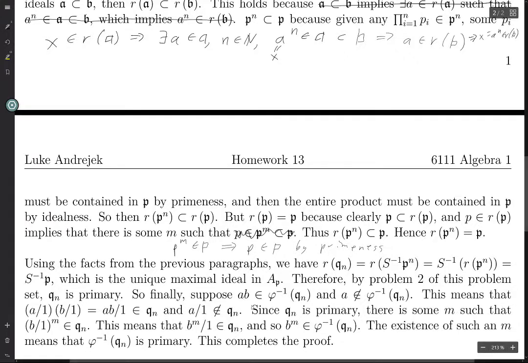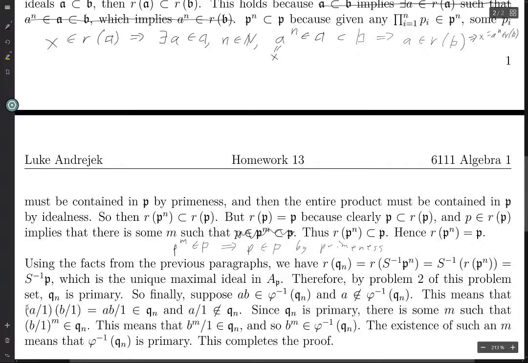That means that the image of AB is in Qn, but the image of AB is just AB over 1, which we can write as A over 1 times B over 1. This is in Qn. And A not being in phi inverse Qn means that A over 1 is not in Qn. So since Qn is primary, some power of B over 1 is in Qn.